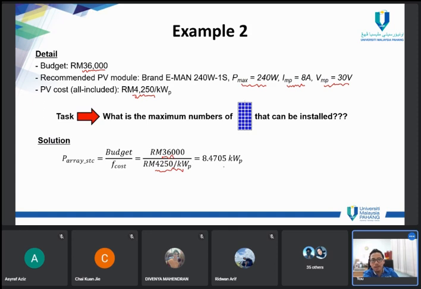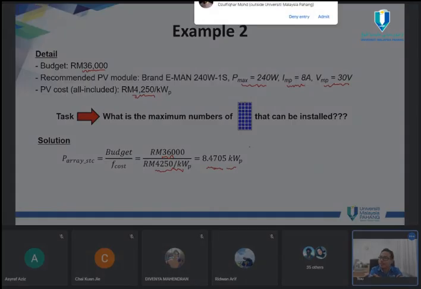Then you are going to get 8.4705 kilowatt peak. So this is the P-array STC, the maximum power of the array at standard test condition.